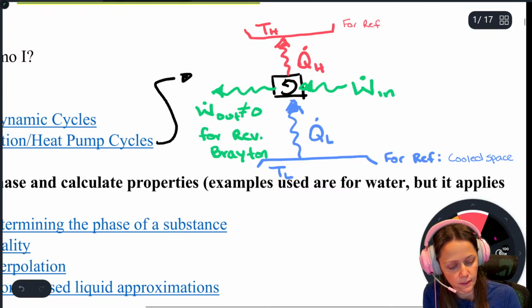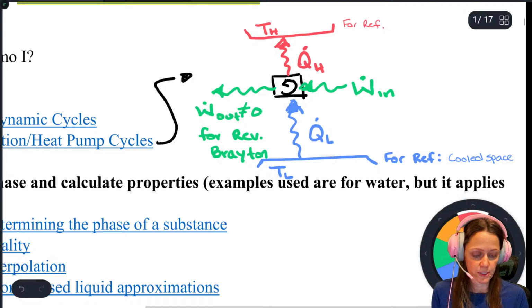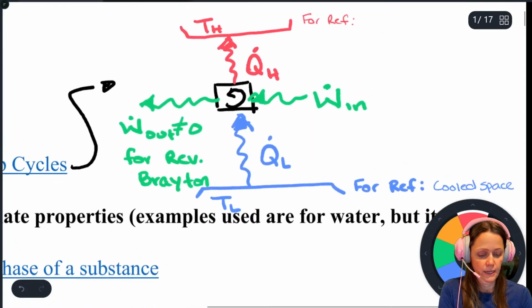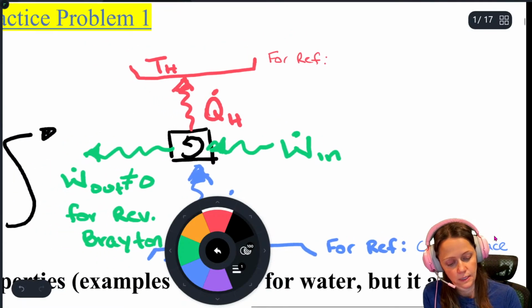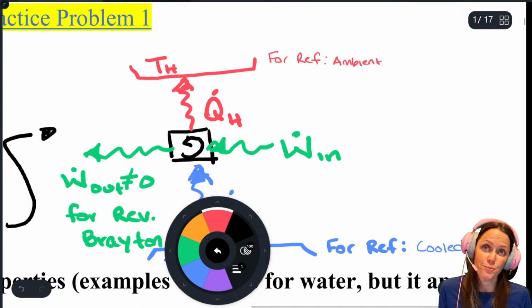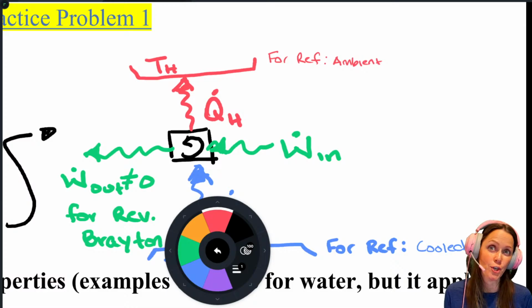And that high temperature reservoir, that thermal reservoir, that's the ambient. So that could be the kitchen that your refrigerator is sitting in. It could be the hot outdoors during the summer.